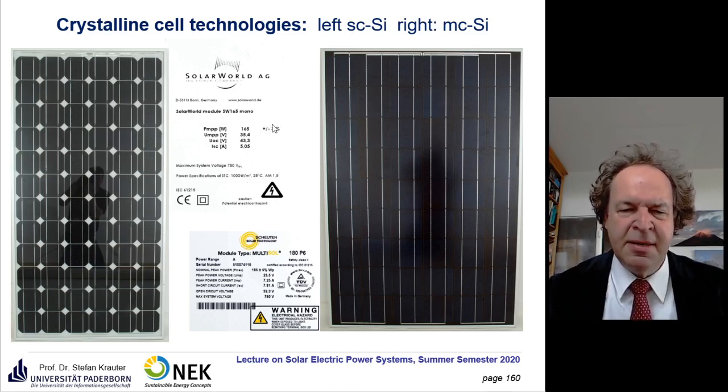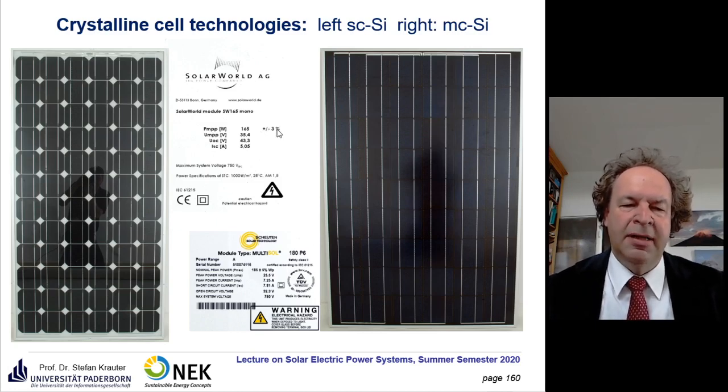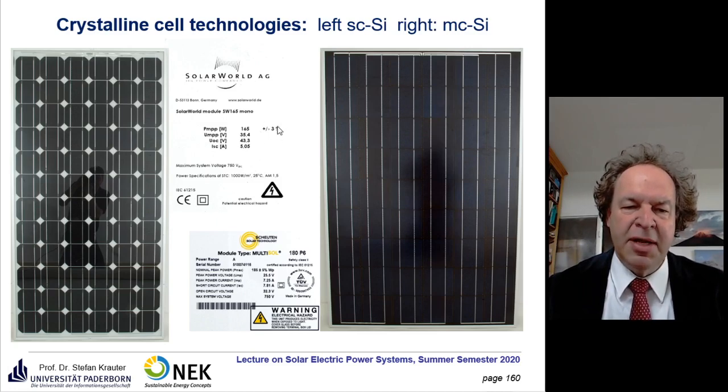This is a bit critical for the financing of solar power plants, because usually the banks don't want to take any risks, so they take the worst conditions, so they always take minus 3%. So in the last decades, the module manufacturers started to make it minus 0% and have just positive tolerances in order to keep good financing conditions.